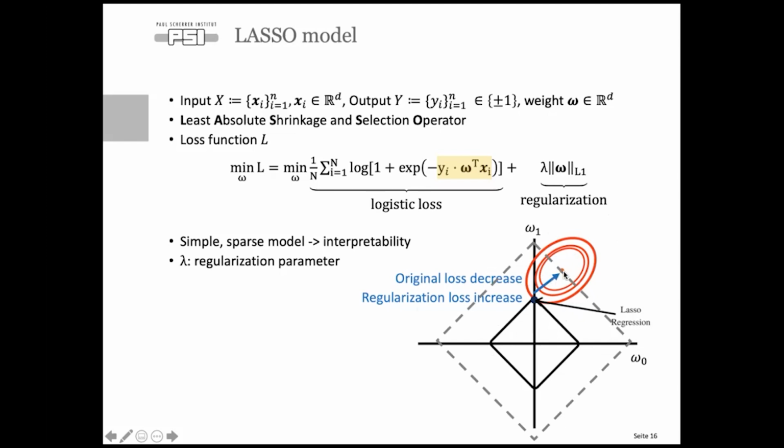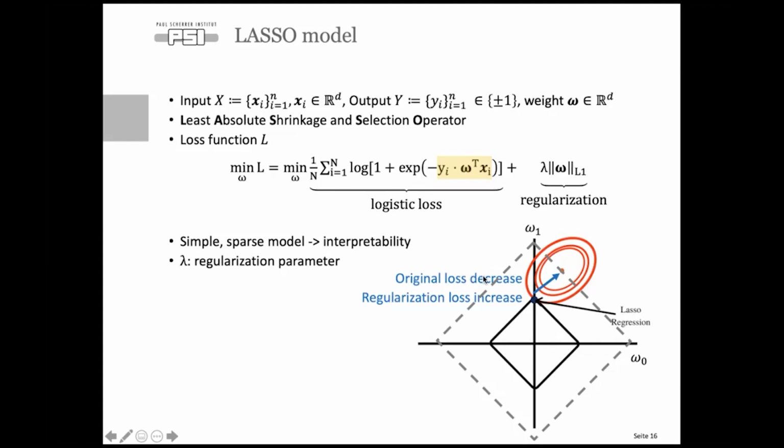So in the end, we would most likely reduce to a point here, which means that some weight component is suppressed to 0. In this sense, we can actually select features, because for each feature we can see whether the weight corresponding to this feature has been suppressed to 0 or not by the model.